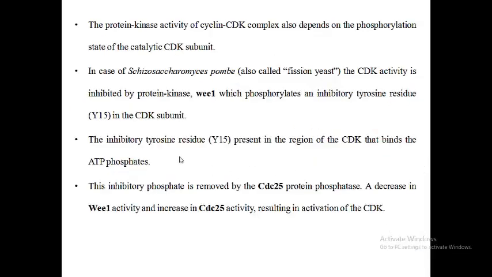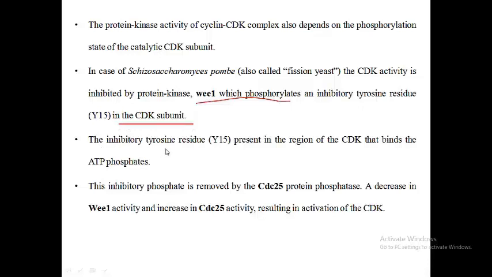Okay, so from that diagram, we can say the protein kinase activity of the cyclin CDK complex also depends on the phosphorylation state of this catalytic CDK subunit. In the case of fission yeast, the CDK activity is inhibited by protein kinase Wee1, which phosphorylates an inhibitory tyrosine residue in the CDK subunit.